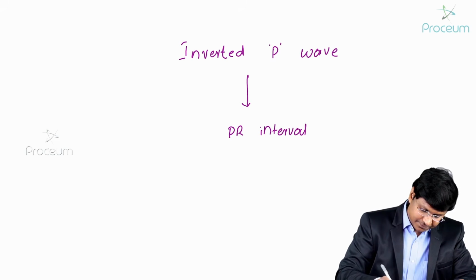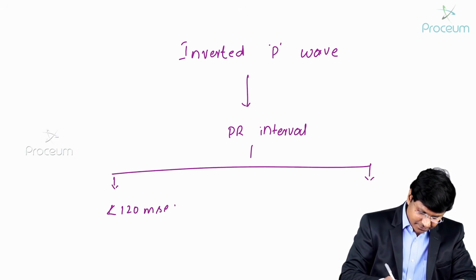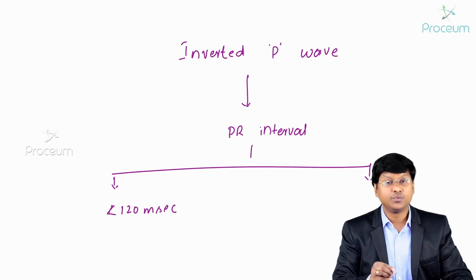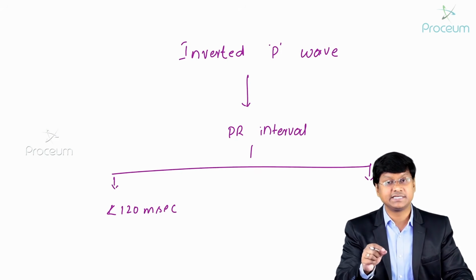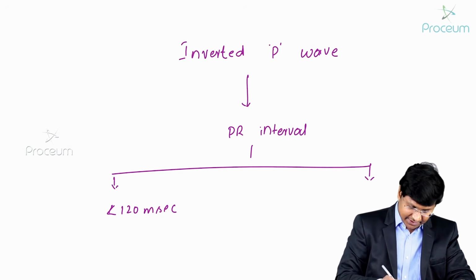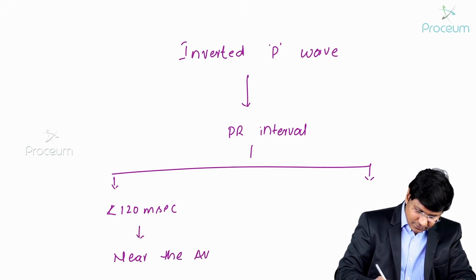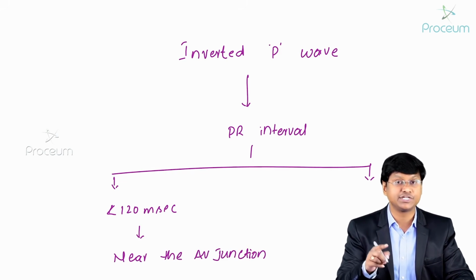Suppose the PR interval is less than 120 milliseconds, then we call it that the origin of the impulse is near the AV junction, which we call accelerated junctional rhythm.